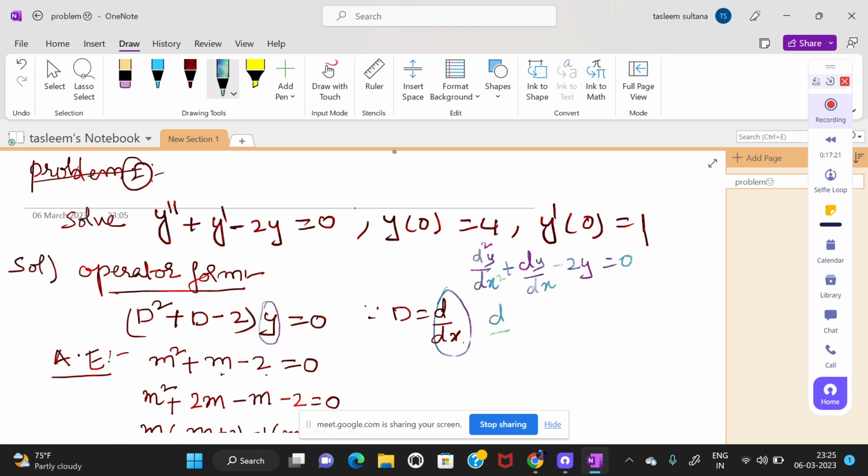Then d square by dx square plus d by dx minus 2 of y equals 0. Now replacing, d square plus d minus 2 of y equals 0. In this way you represent it. Is that clear?